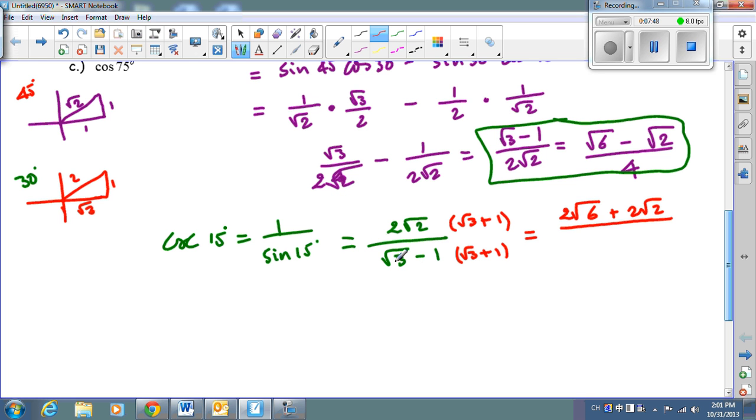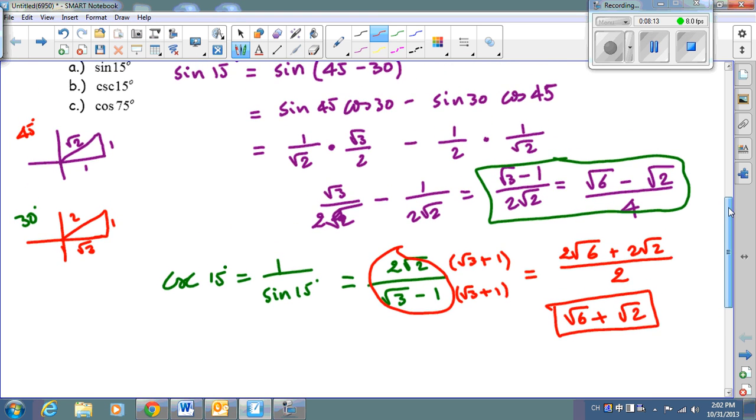Everything over 3 minus 1, meaning 2. Or square root of 6 plus square root of 2. So this is an answer, and this is definitely another answer. So you pick. I will stop here, but you can also go all the way here. It's up to you. But if you decide to go this route, make sure you know what you're doing.